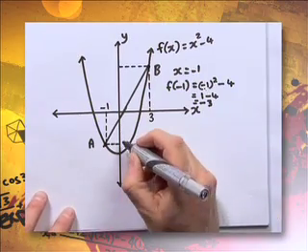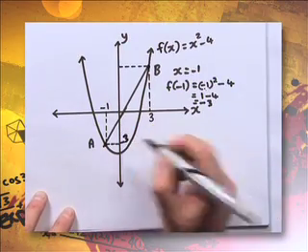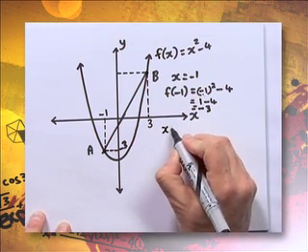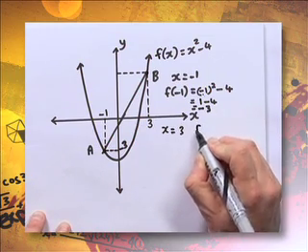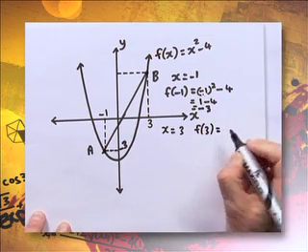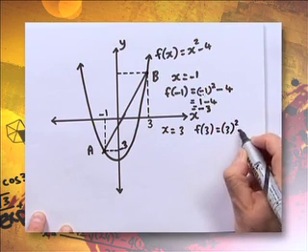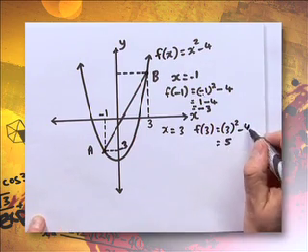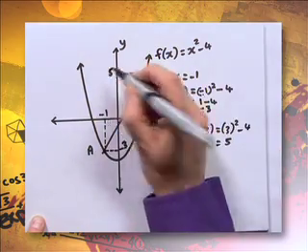That is important because f of negative 1 is the y value. So this is negative 3. If x is 3, what is f of 3? f of 3 is 3 squared minus 4, which is 9 minus 4, which is 5. And that's the y value there.